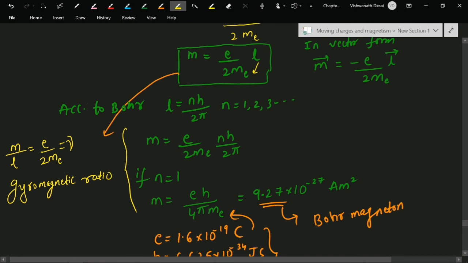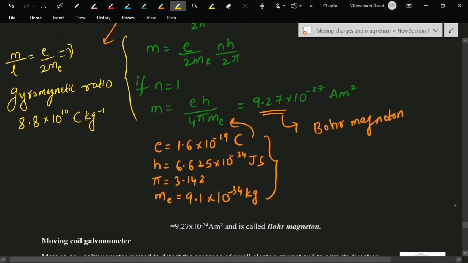Its value is found to be 8.8 into 10 to the power 10 coulomb per kg for an electron. So this ratio is called the gyromagnetic ratio. It is denoted by gamma. Okay. So here only it is there. This is the value of the Bohr magneton.